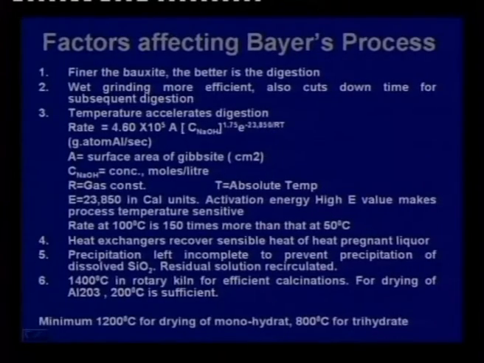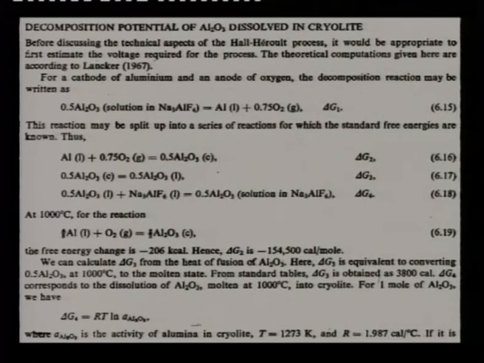You need a lot of pressure in an autoclave. Some people would rather settle for lower temperatures, because autoclave operation at higher temperatures means more expensive equipment and more energy. So, different companies have different ways of doing it. No two companies act in the same manner. Eventually, everybody tries to produce pure Al2O3, which will go into an aluminum cell.